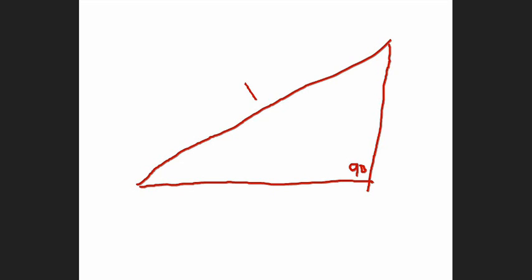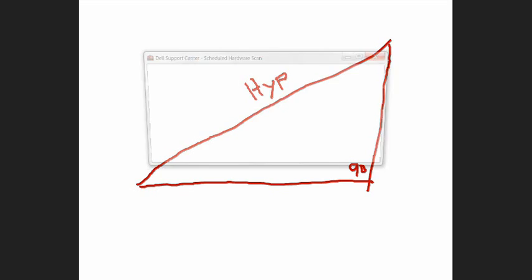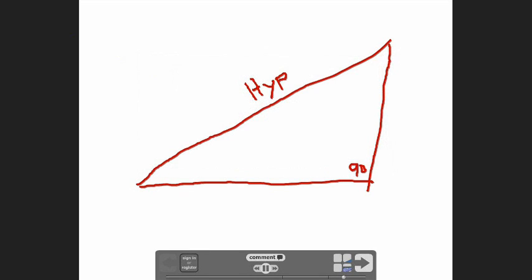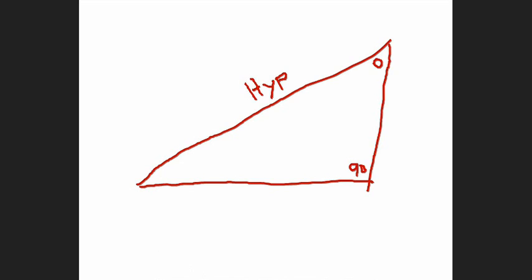As always, the longest side, and there always has to be a longest side on a right triangle, is going to be the hypotenuse. So that one's easy. But now I'm going to try and figure out what this angle is over here. There's the symbol for that angle. Now, once again, I'm going to put my little man in here. He's standing right here. There he is.